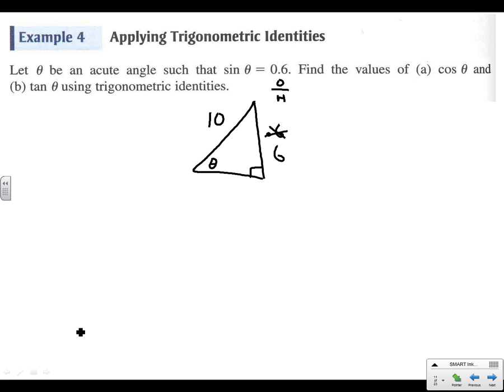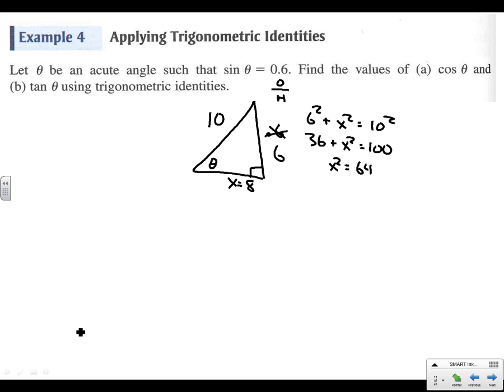We need all three sides of the triangle, so we're going to use Pythagorean theorem. 6 squared plus x squared, we'll call this x down here, equals 10 squared. 36 plus x squared is 100. X squared is 64. So x down here is 8.